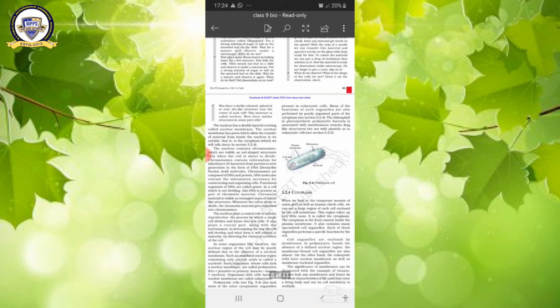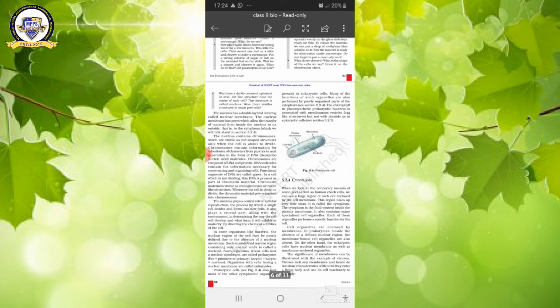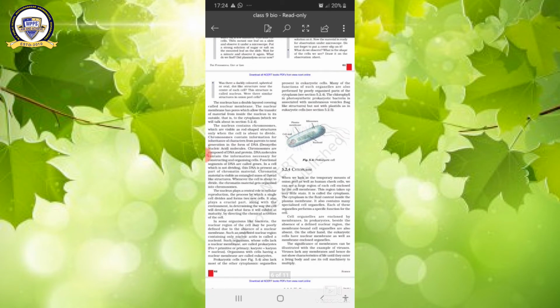The nucleus has a double layered covering called nuclear membrane. The nuclear membrane has pores which allow the transfer of material from inside the nucleus to its outside, that is, to the cytoplasm, which we will talk about in section 5.4.